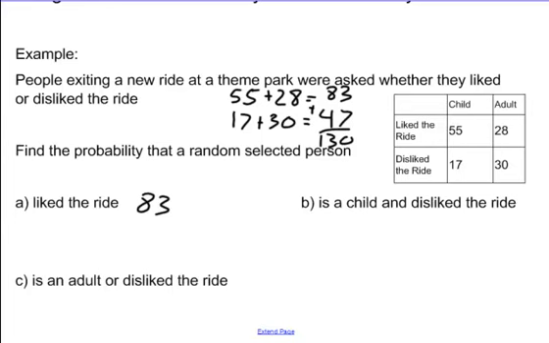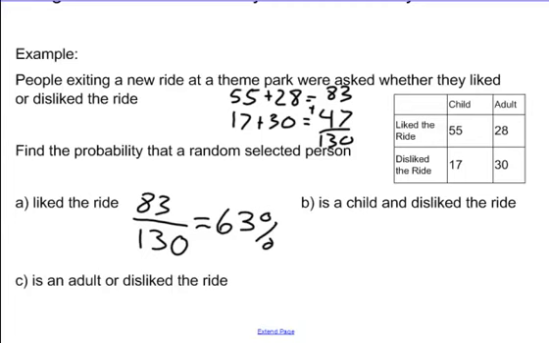Now that we have 83 people that liked the ride, and 130 people surveyed, we know that 83 out of 130 people liked the ride. So that is about 63%. Okay? So there's a 63% chance that if you ask a random person that came out of the theme park, they liked the new ride.